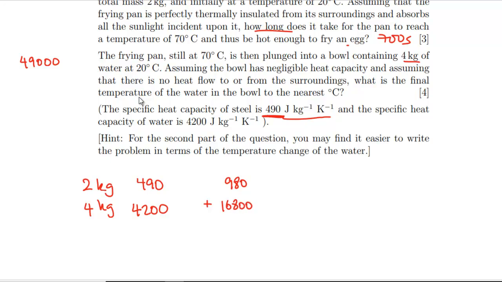So that's what we've got for every 1 degree C increase. So that's 17,780 for each one. So we'll go up 2 degrees.